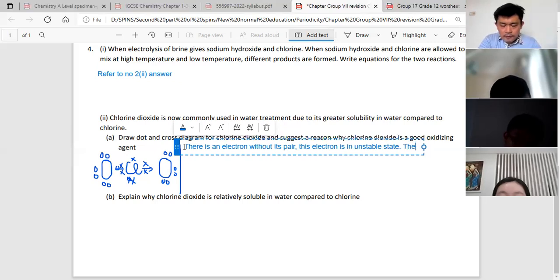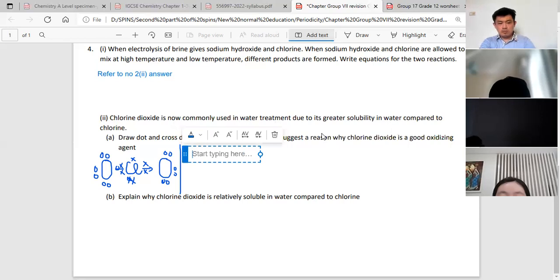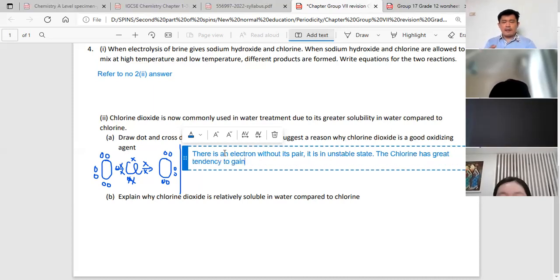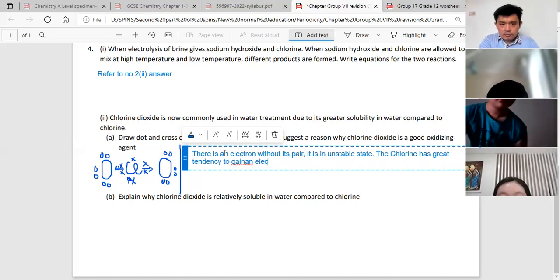The chlorine has an electron without its pair. It is in an unstable state. The chlorine has a great tendency to gain an electron, which is called reduction.